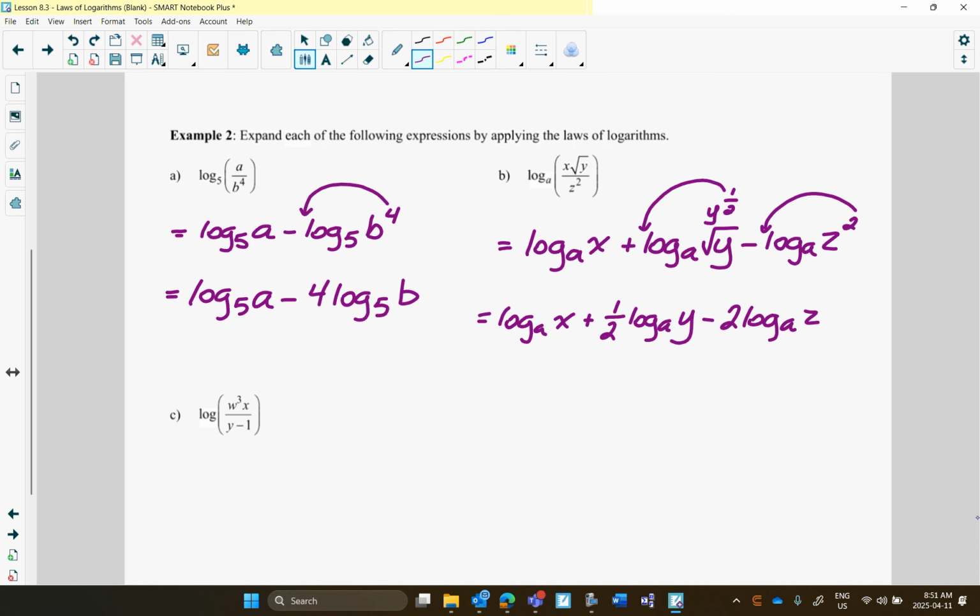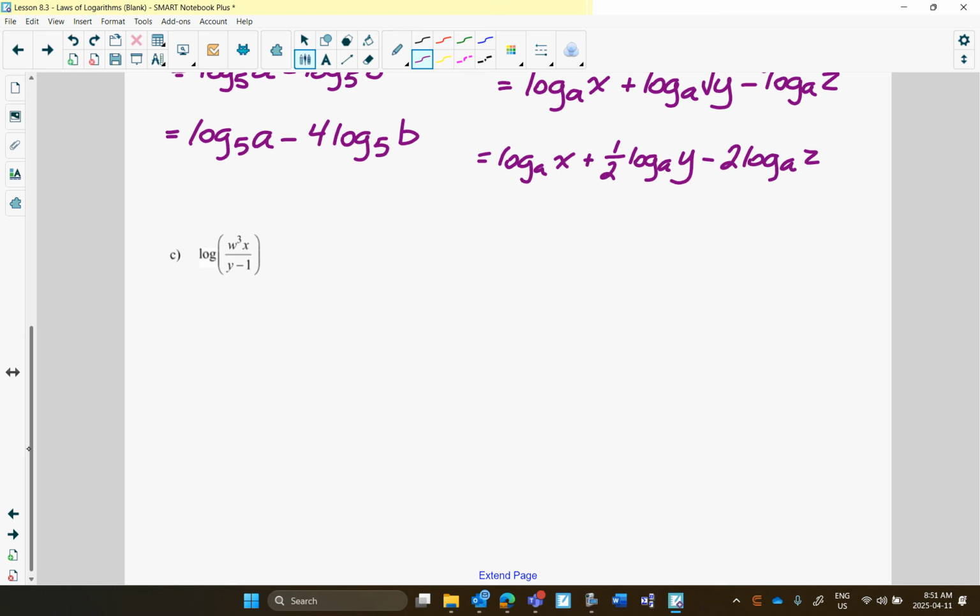And the final one. How many logs am I going to write when I expand it out? 4? 3. Because remember, this has parentheses around it, so it's treated as a single expression. So we've got 1, 2, 3.